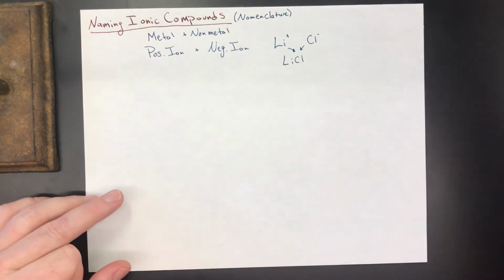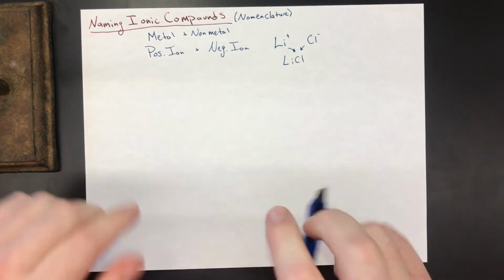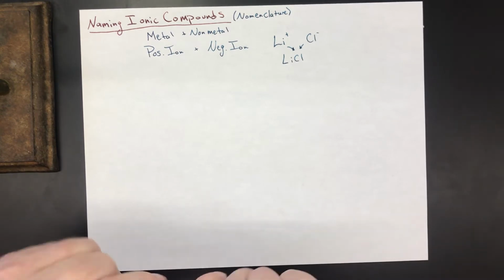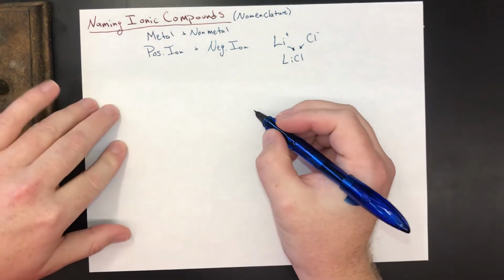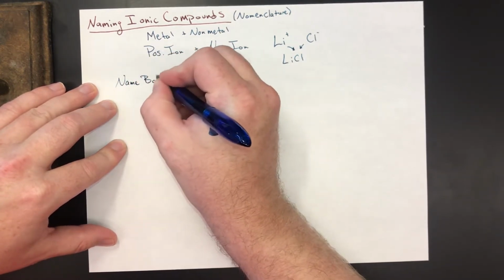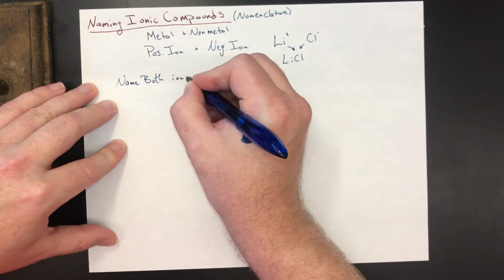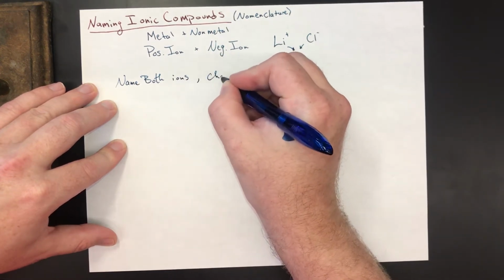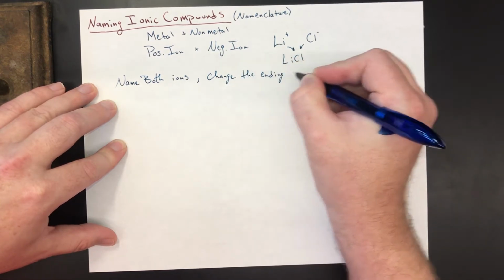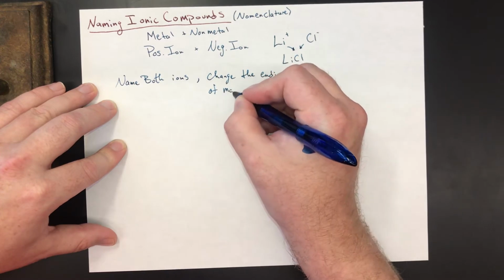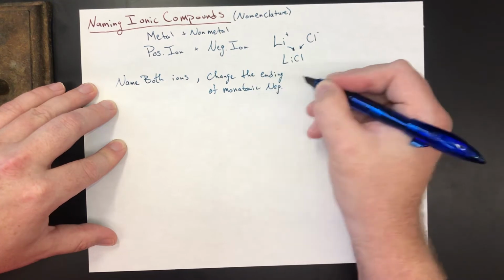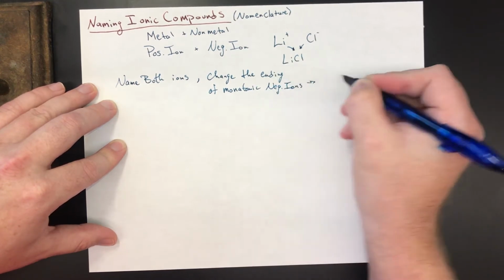We learned how to recognize them. If we have a metal and a non-metal, or if we have a positive and negative ion, it's going to be ionic. And we have a set of rules to name these. It's not too bad. What we're going to do is name both ions, and we're going to change the ending of monatomic negative ions to "-ide".